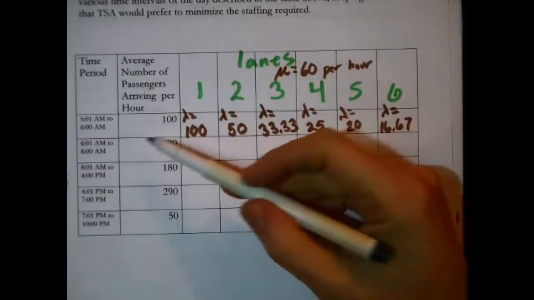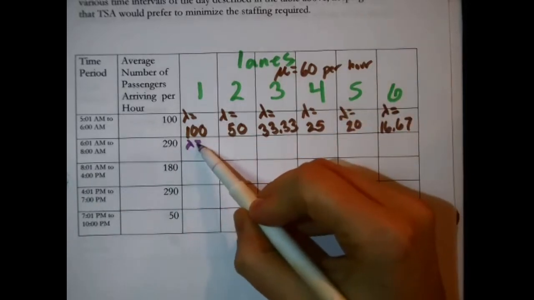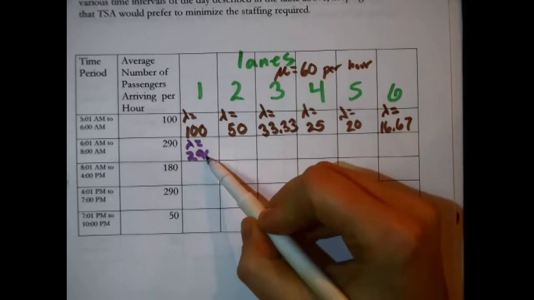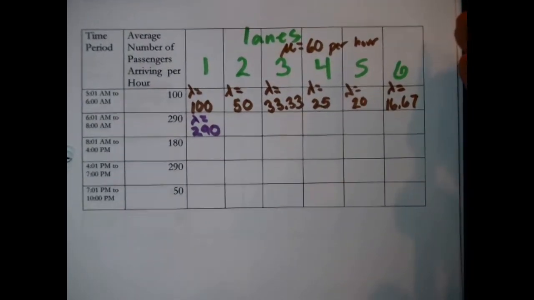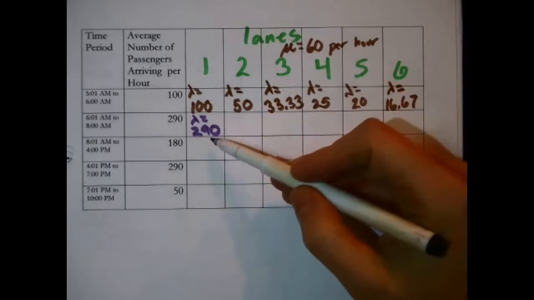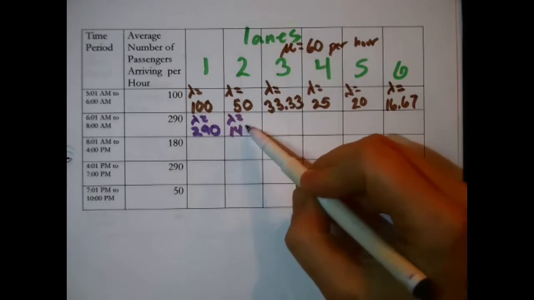From 6 a.m. to 8 a.m., if you only have one lane open, then at that lane the passengers are going to arrive at a rate of 290 an hour. If you have two lanes open, you will be splitting that traffic, so lambda equals 145.